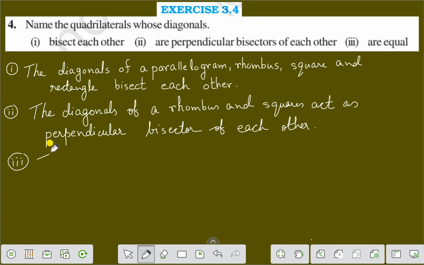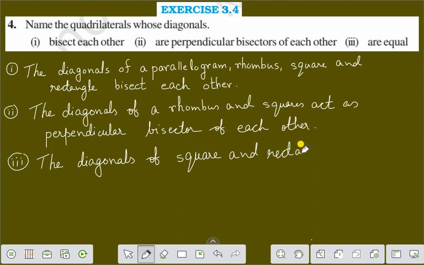The diagonals of a square and rectangles are equal. Right?